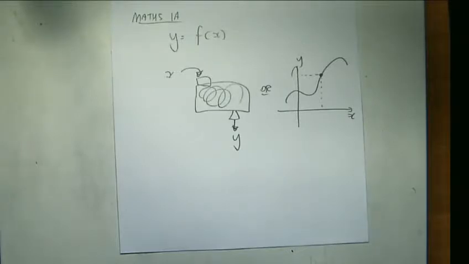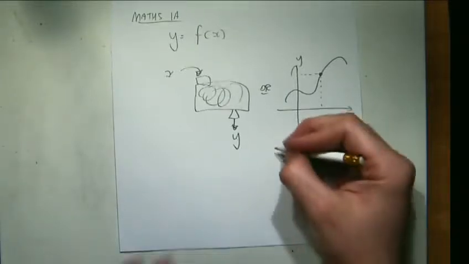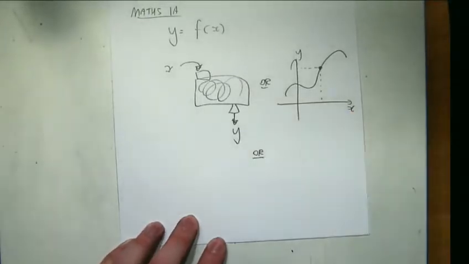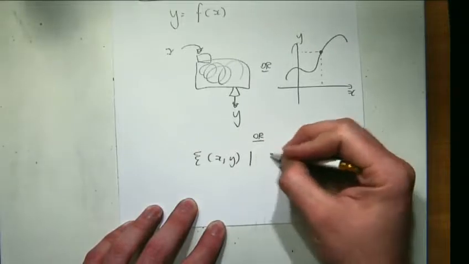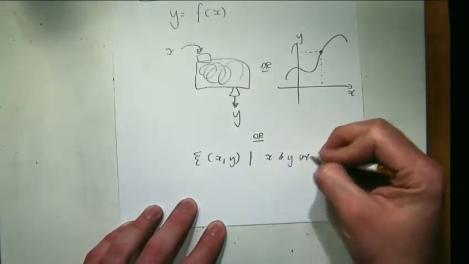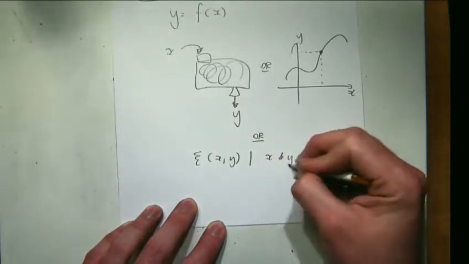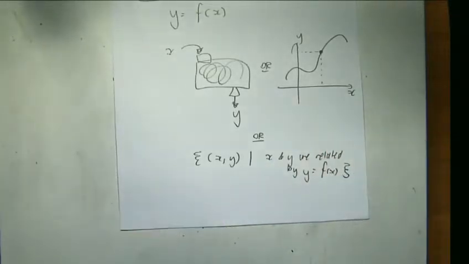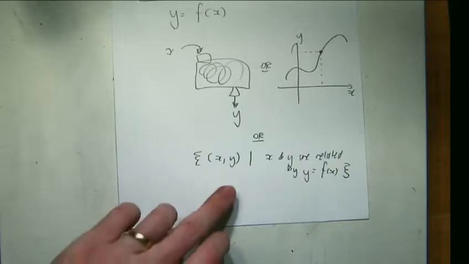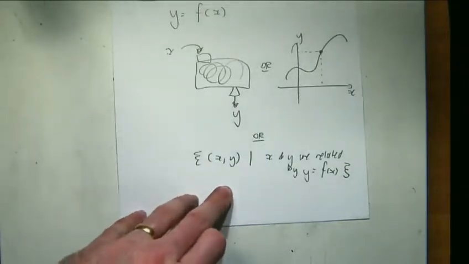So there's this third picture: there is a set of x's and y's such that x and y are related by y equals f of x. In Maths for IT, this here is the definition of what a function is.